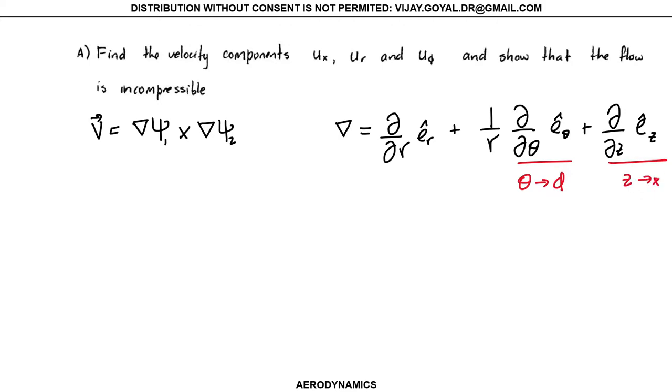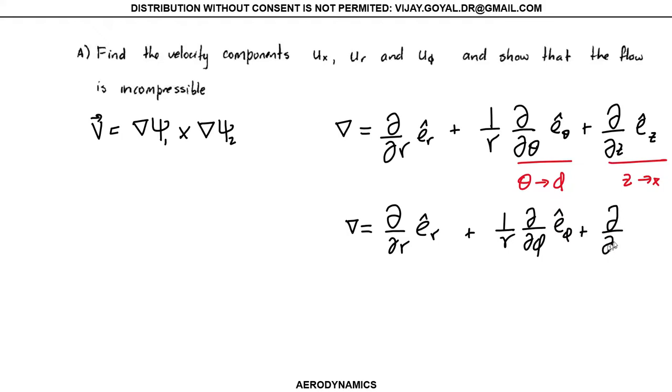So in that sense, I can write my new gradient in the following form: partial with respect to r, er, plus 1 over r partial with respect to phi, e phi, plus partial with respect to x, ex.